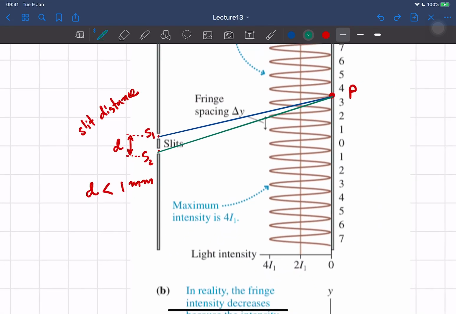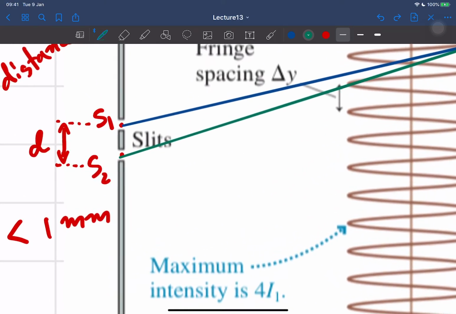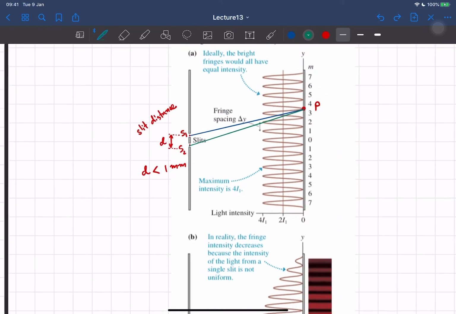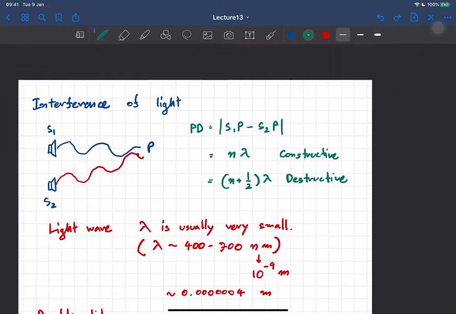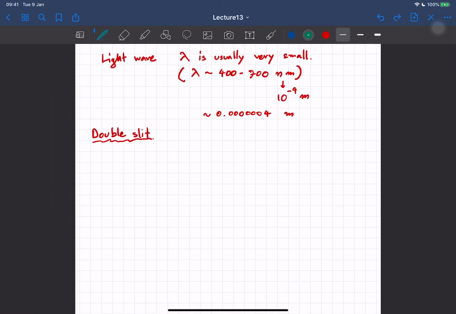So what does it mean for these two lines to be parallel? It means that the only difference in the length between two parallel lines, so I'm going to go back here and draw because it's easier this way. Again, I have two slits, two holes. One here and the other one, let's say here.